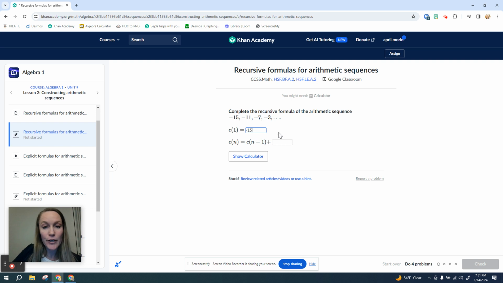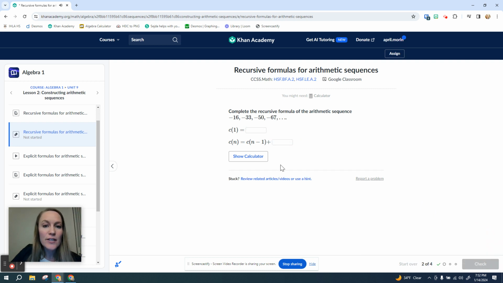So take the one before, and I'm going to do something to it. So what is this pattern doing? Negative 15 plus or minus what equals negative 11? Okay, so I'm adding 4. So add 4, then I get negative 11. If I take negative 11 and I add 4, I get negative 7. And if I add 4, I get negative 3. So certainly I'm going to be adding 4 to each one.